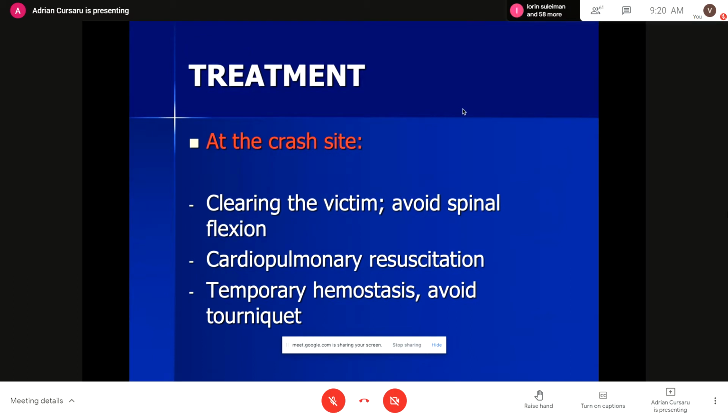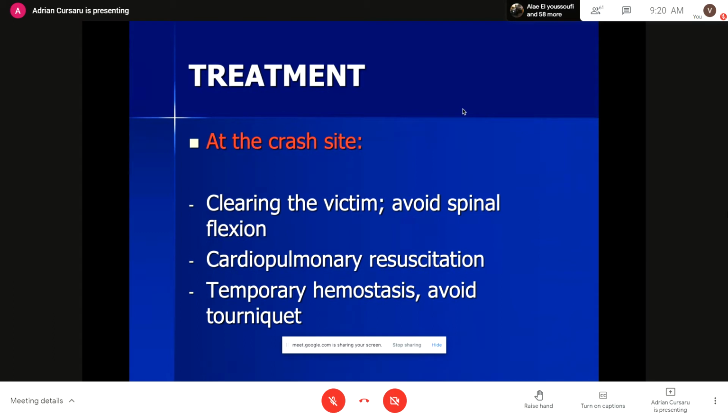At the crash site, you have to prevent the victim from spinal flexion. It is very important because in some cases you can have an undisplaced fracture, but with abnormal maneuvers of flexion or extension of the spine, you can transform that undisplaced fracture into a displaced fracture.